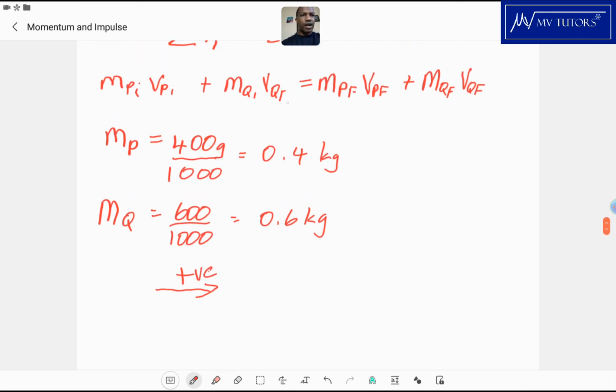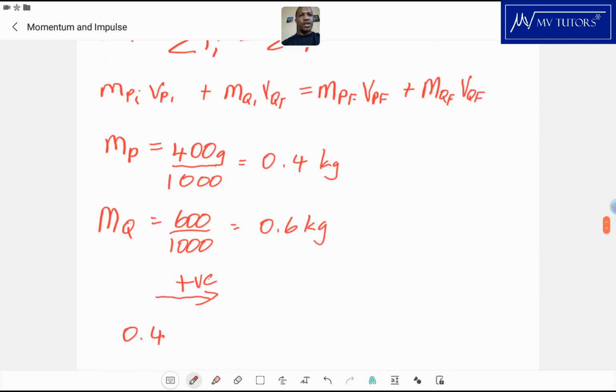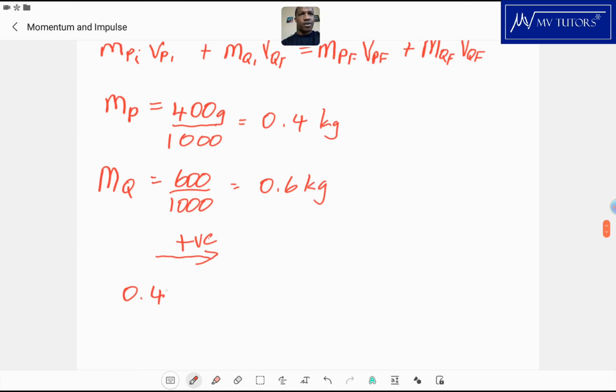We're bringing down this formula. MP is 0.4, and v is velocity. The initial velocity is 0 for both of them because they are stationary, they're not moving.